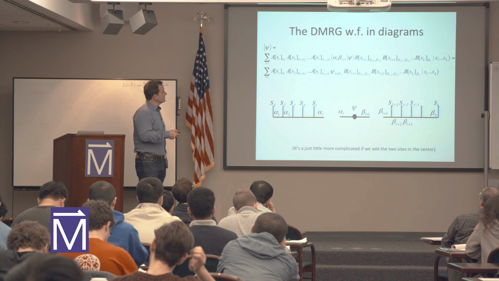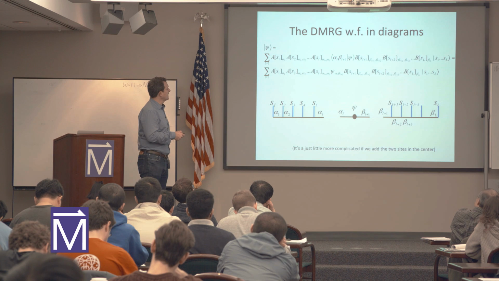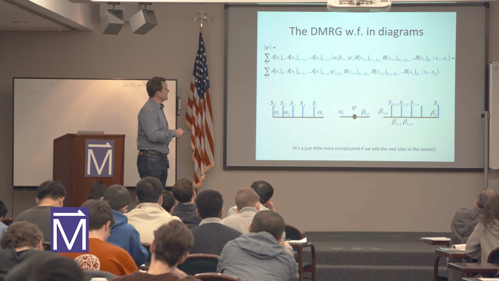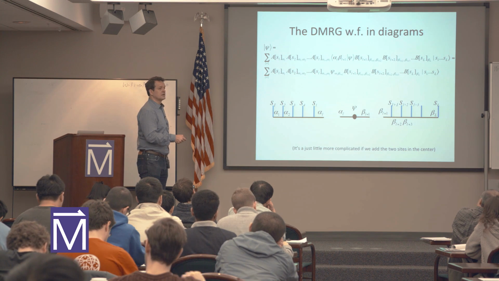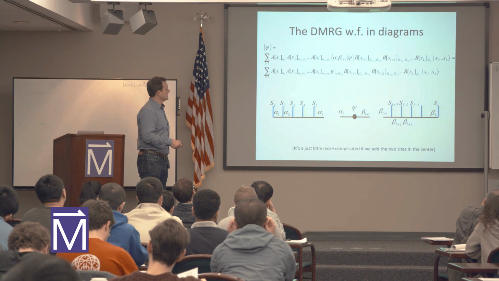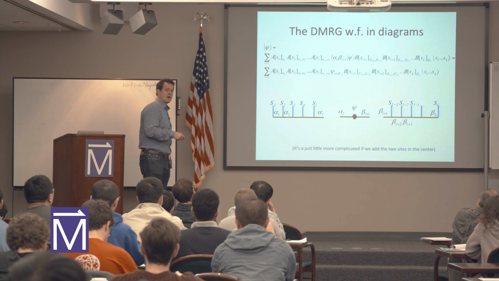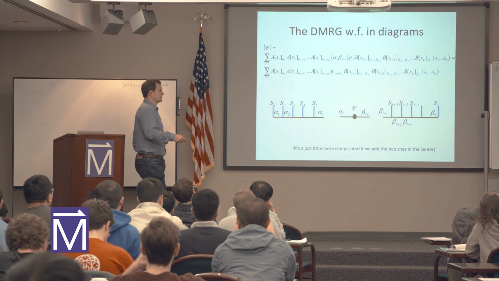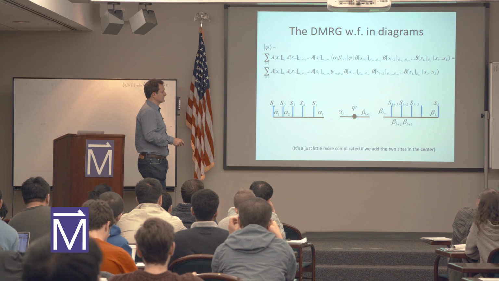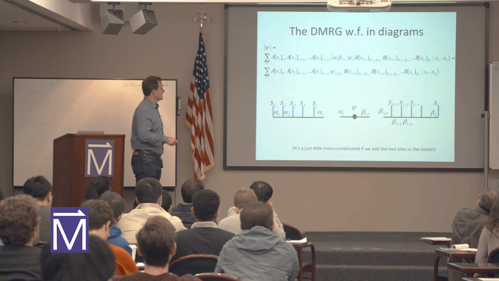So again, long story short, the wave function in diagrams would look like, remember I told you, you have all the left block in terms of A's, the right block in terms of B's. You have something here in between connecting them, and graphically it looks like this. So you're going to have your left canonical representation for the left block, your right canonical representation for the right block, and this coefficient, which is basically a matrix without any physical index connecting the two.